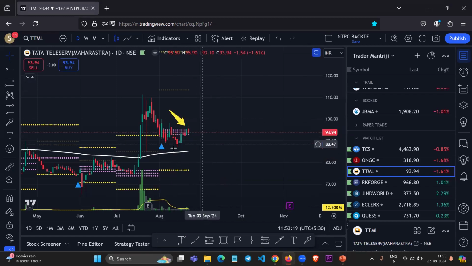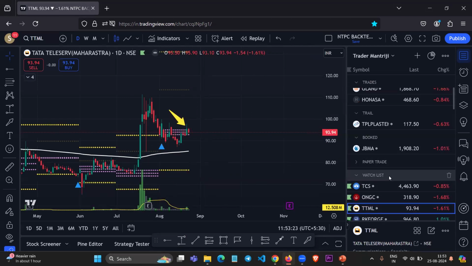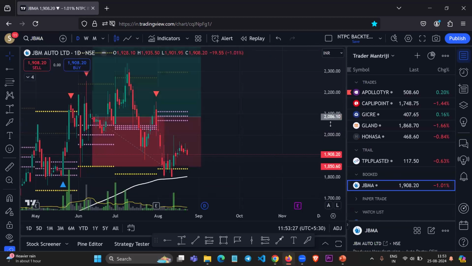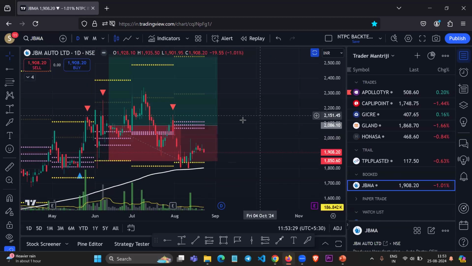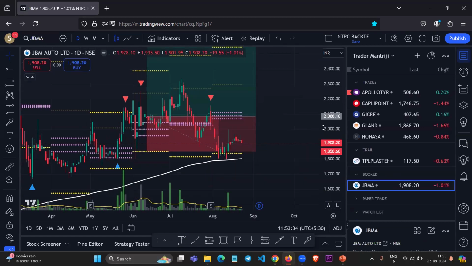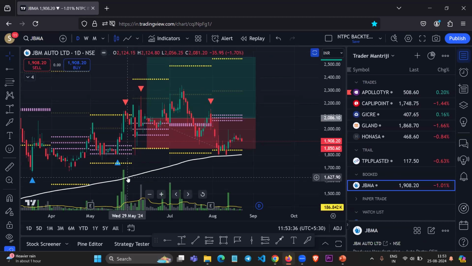This is one way in which we can use this indicator, and I will show you our recent stock also. If you remember, in the last video I discussed JBM Auto, in which my stop loss got hit. You can see here, this is the 200 days moving average, and as I said earlier, this 200 EMA will act as a strong support.